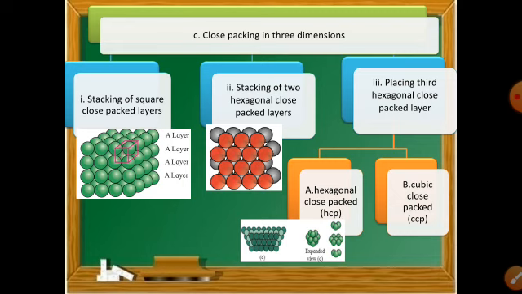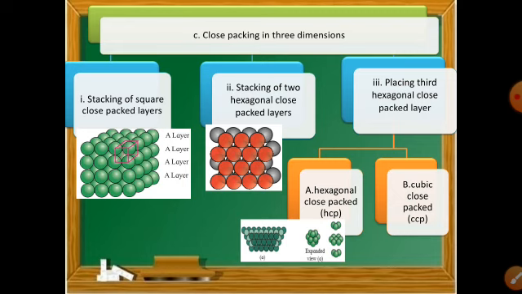Okay, and here you will observe that the 3 spheres present in the first layer have one particle towards our side and two towards the back side.